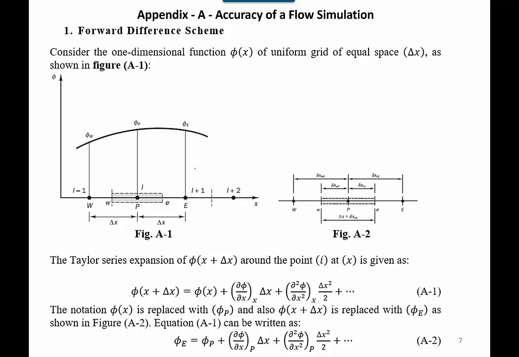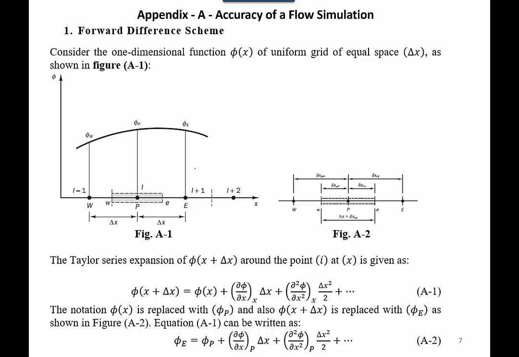This distribution is on a uniform grid of equal spacing delta x, as shown in figure A1, and the control volume notation is shown in figure A2.